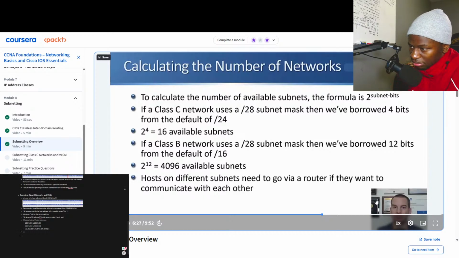And then, okay, a network uses a /28 subnet mask. So then how do we know which subnet mask to use? That's also another question.